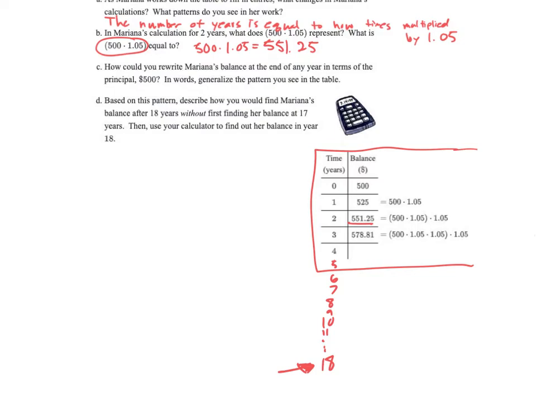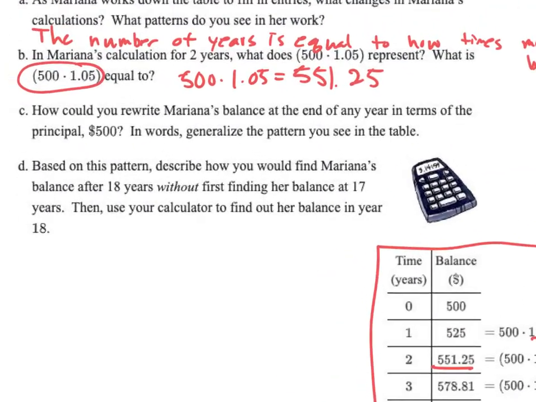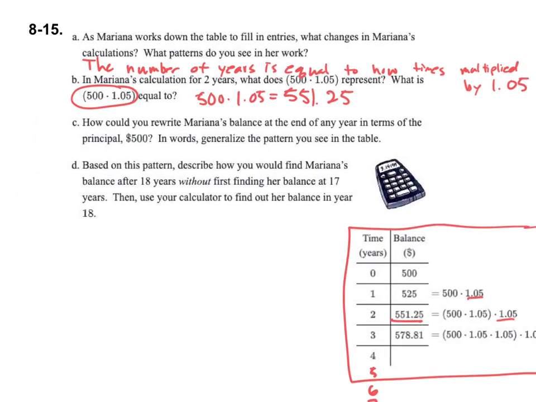Well, as I mentioned, it looks like you would just say you're multiplying by 1.05 18 times. So I'd take that original $500 and multiply by 1.05 18 times. Now that's not times 18. That's saying 1.05 times itself 18 times.